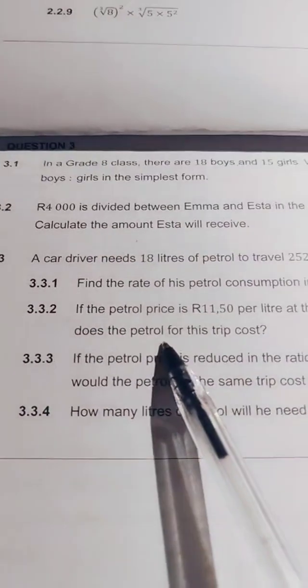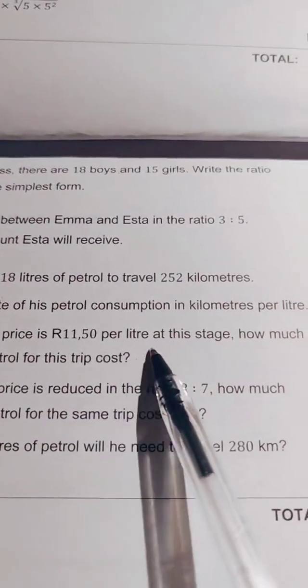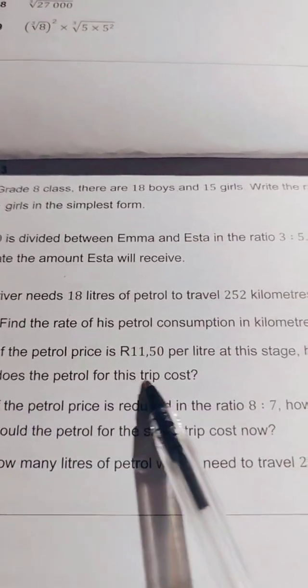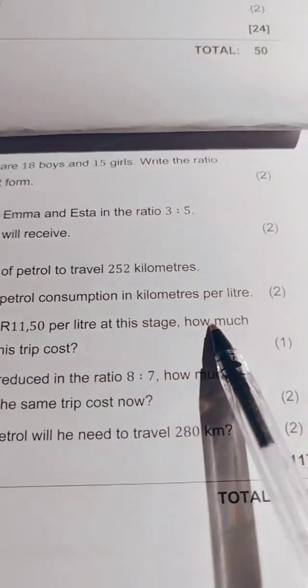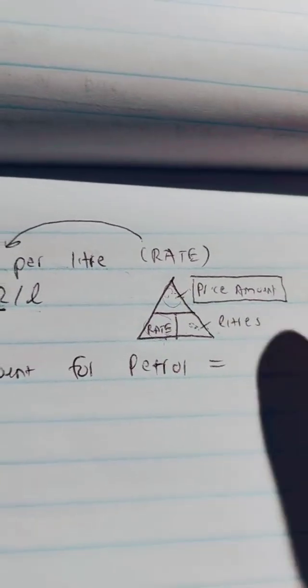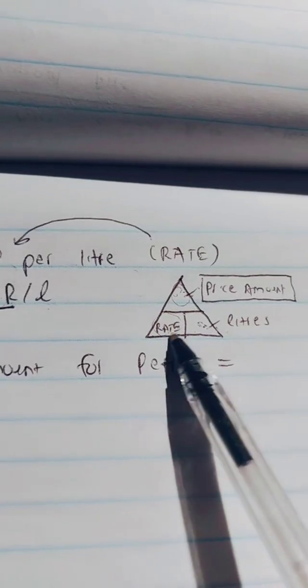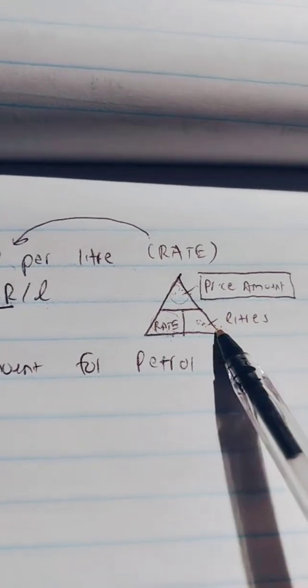Okay. Then what do I want to calculate? The question says, if the petrol price is 11.50 per liter at this stage, how much does the petrol for this trip cost? We want the price, or the amount. So the price amount for the petrol is going to be equal to, now when we want what's at the top, what do we do? We take the rate and multiply it horizontally with the liters.